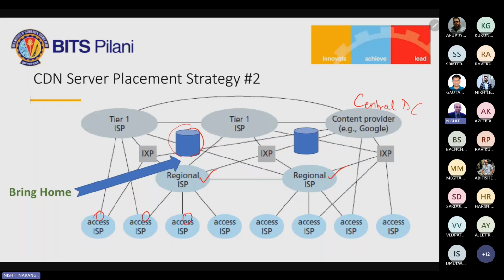But if I look at the entire continent of Africa and I say maybe not so many subscribers at a country level, but together the continent has a sufficient number of subscribers, I'll use a bring home strategy. Have one content delivery server network serving the entire continent. So usually you will use a mix of bring home and enter deep depending upon your subscriber base.